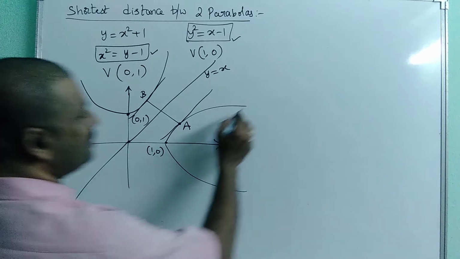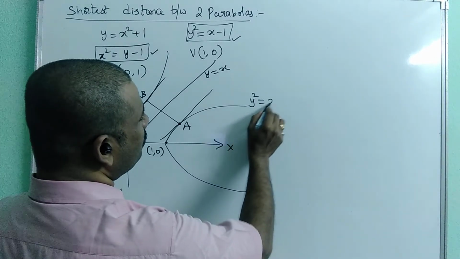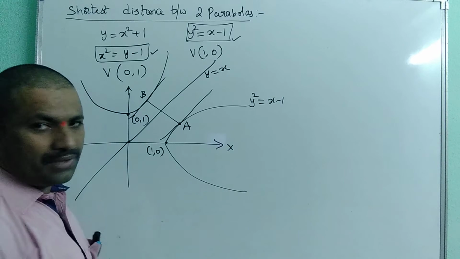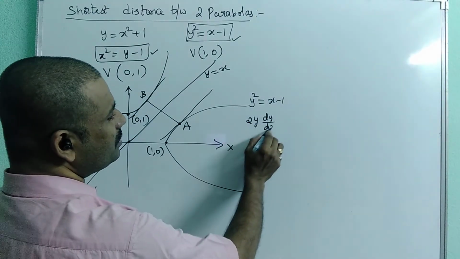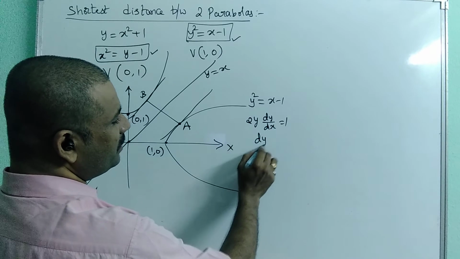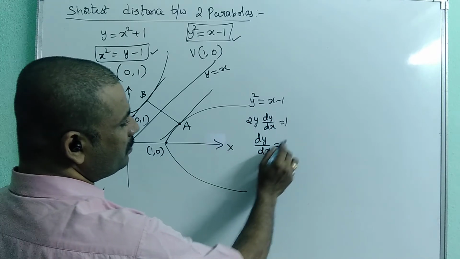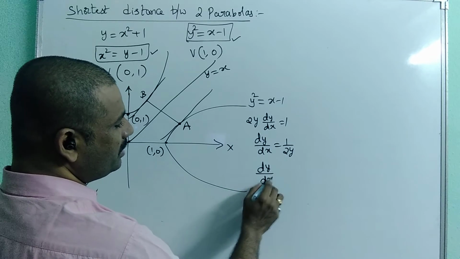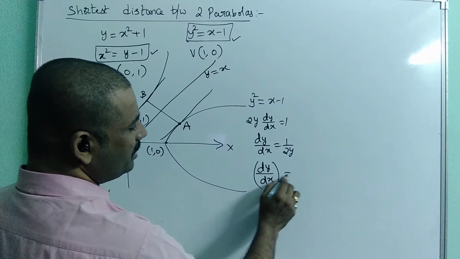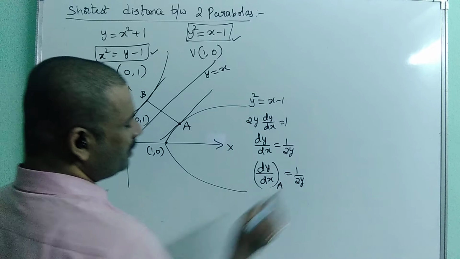Right. Now what is this curve? Y square equal to x minus 1. Derivative: 2y into dy by dx equal to 1. dy by dx equal to 1 by 2y. dy by dx at the point A equal to 1 by 2y.